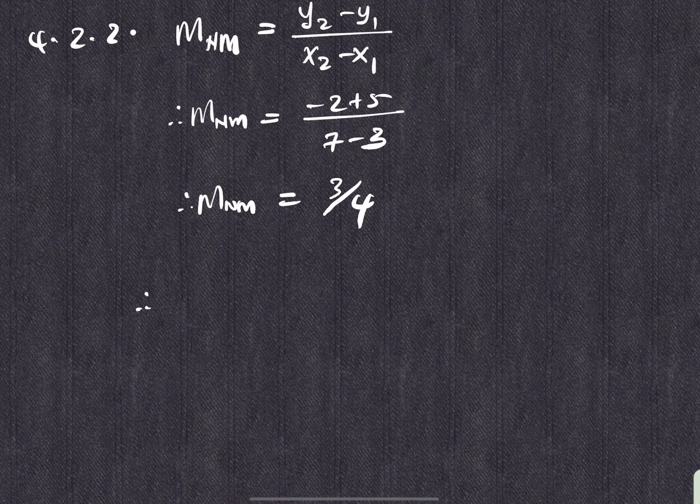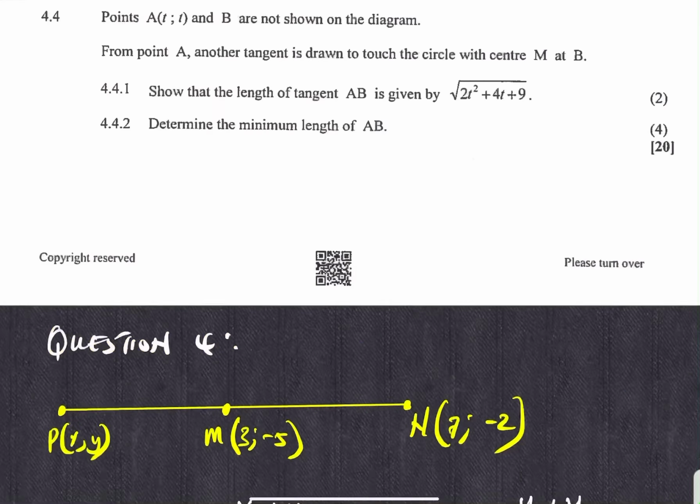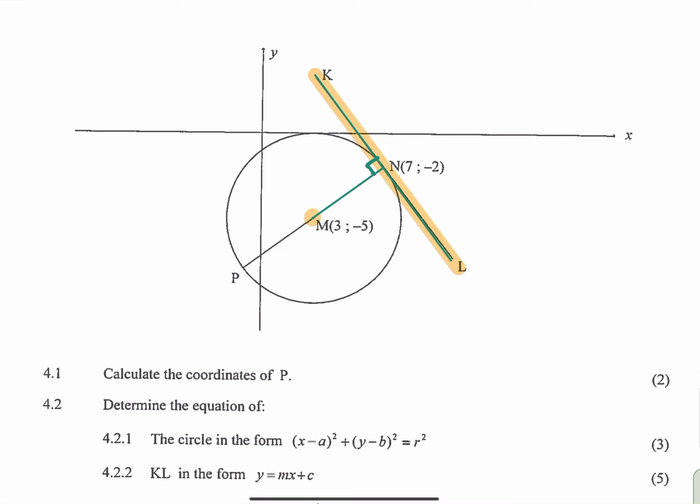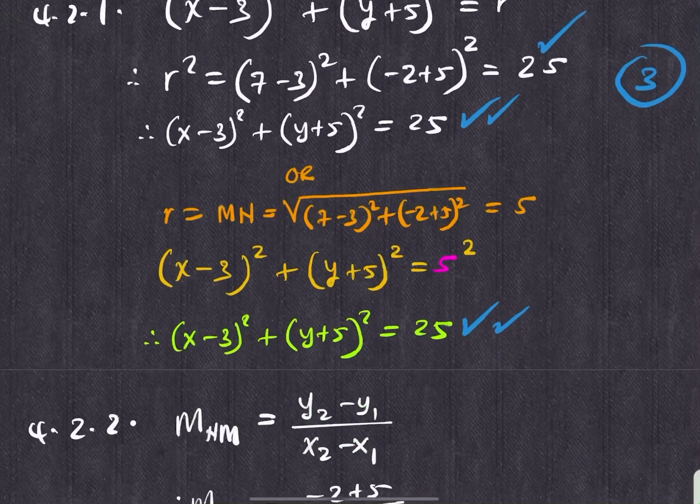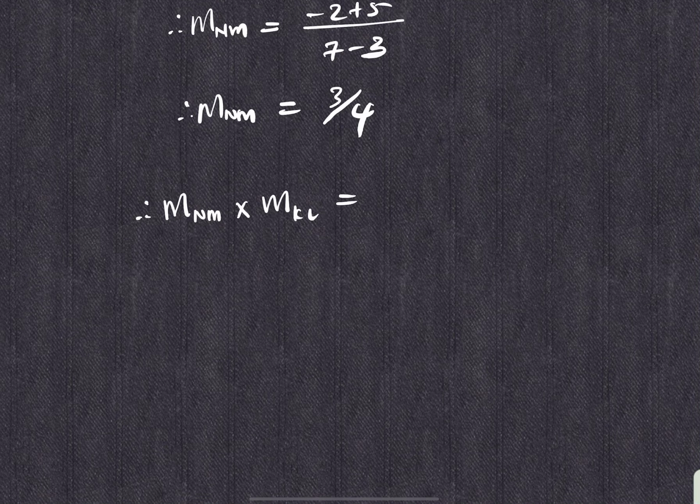So this will then mean that the gradient of NM multiplied by the gradient of the tangent, which in this case is KL, that is the tangent. Those two gradients, when you multiply them, should equal -1.